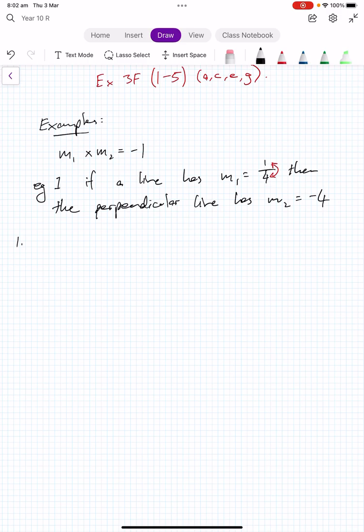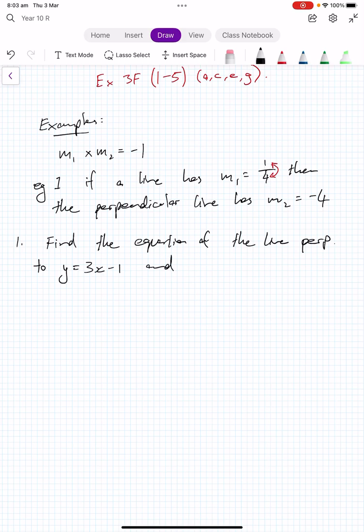So let's go. Find the equation of the line perpendicular to, I'll just write perp, to y equals 3x minus 1 and passing through (1, 4). Very similar to the ones we did for parallel lines, it's just for perpendicular.